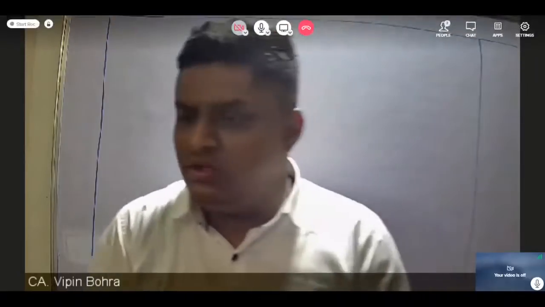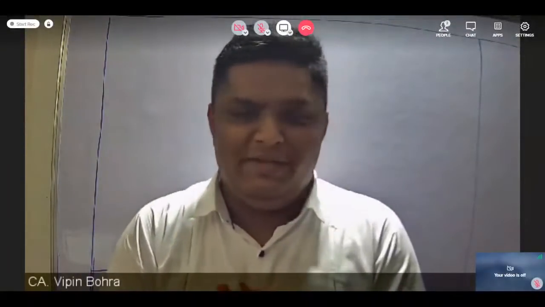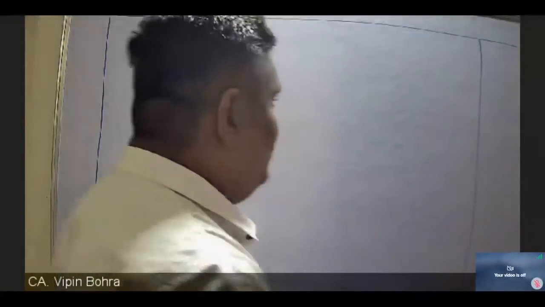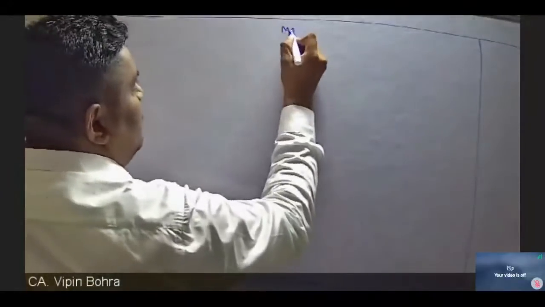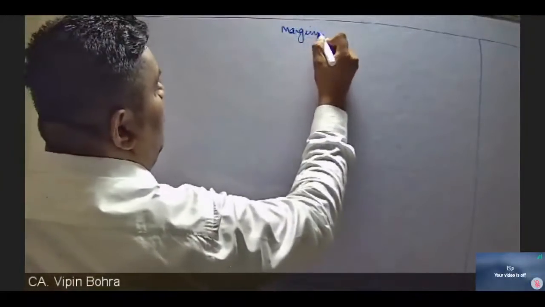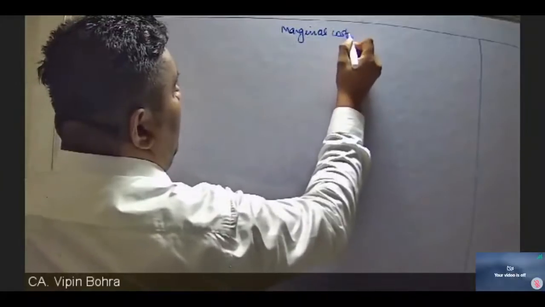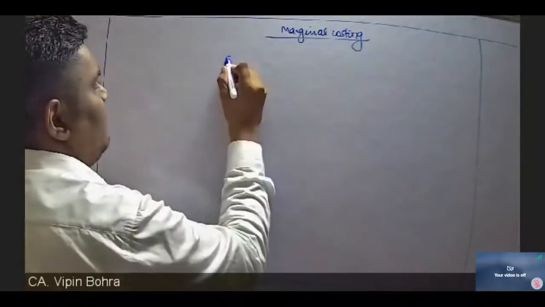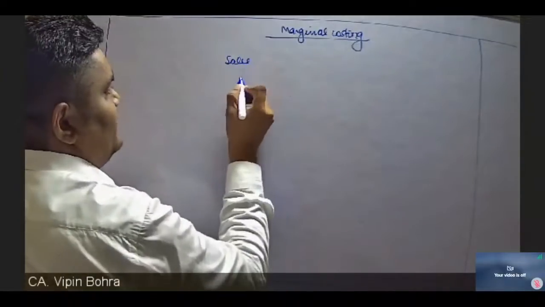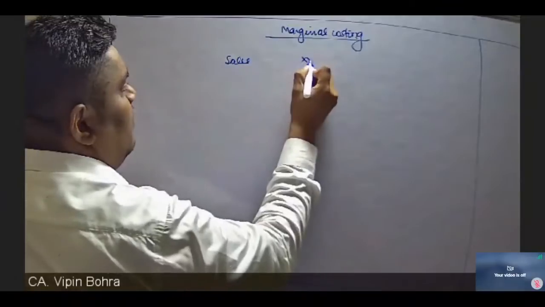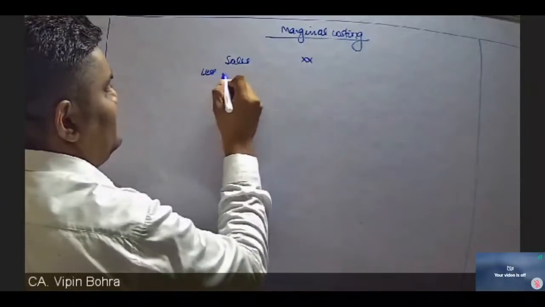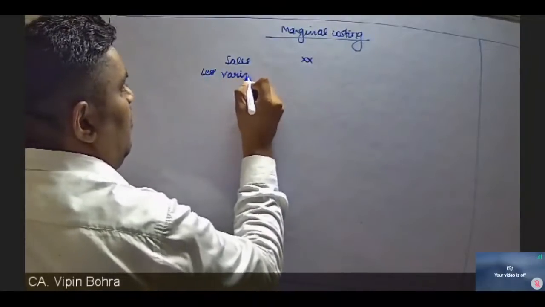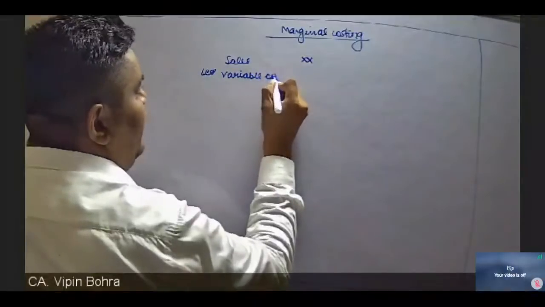Okay. So guys, let's start with the important chapter, that is marginal costing. So let's start. Now let's first of all write the marginal costing equation. Sales less variable cost.